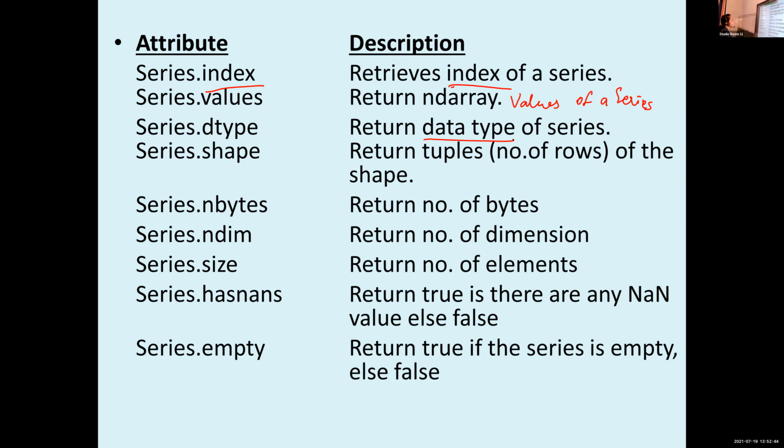Then here it is shape. Shape returns a tuple, that is the number of rows. I will explain with an example. Just write this: returns a tuple, that is the number of rows of that series shape.